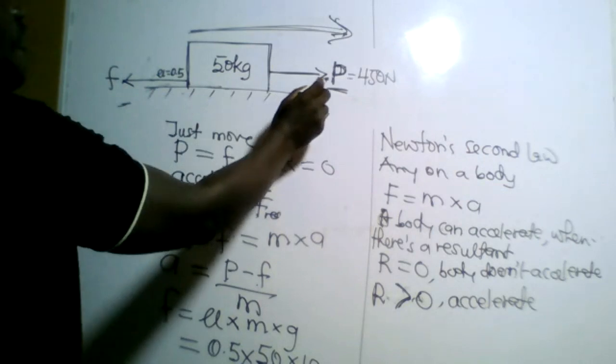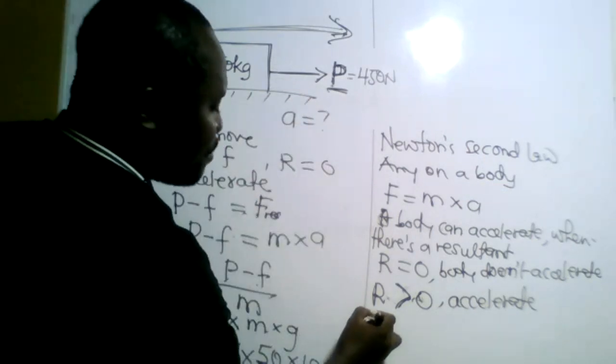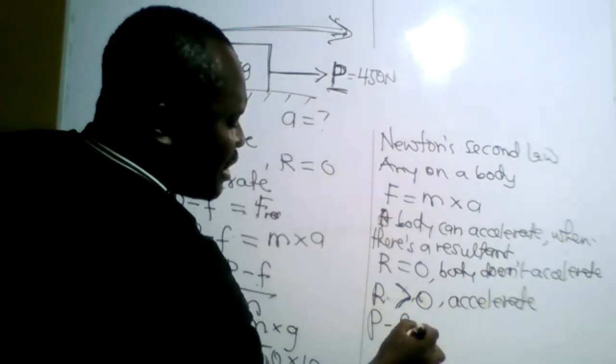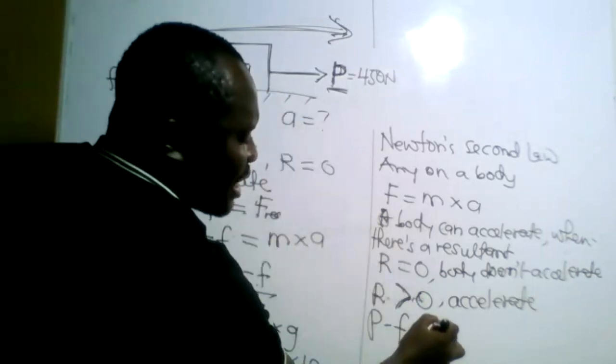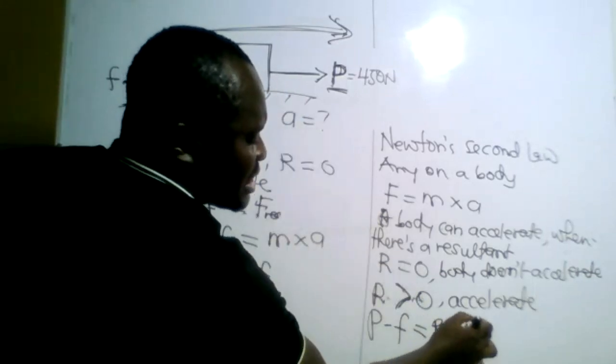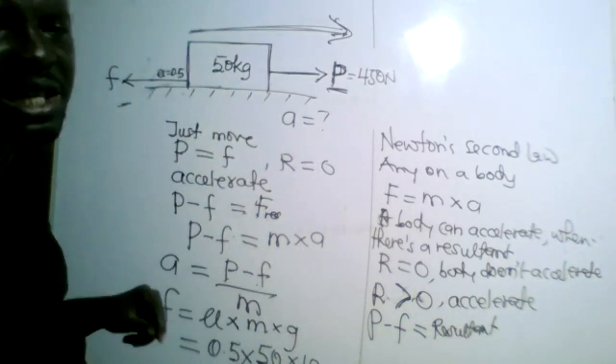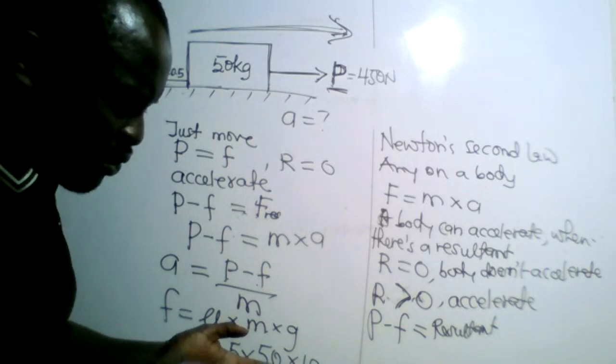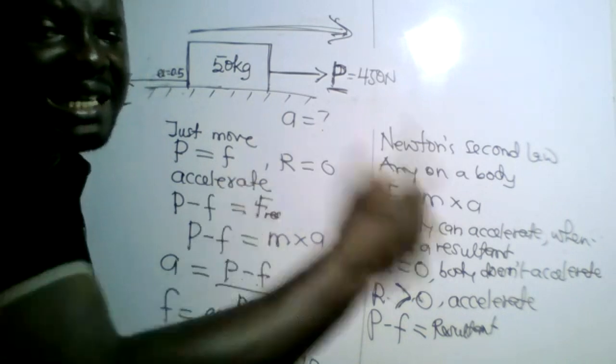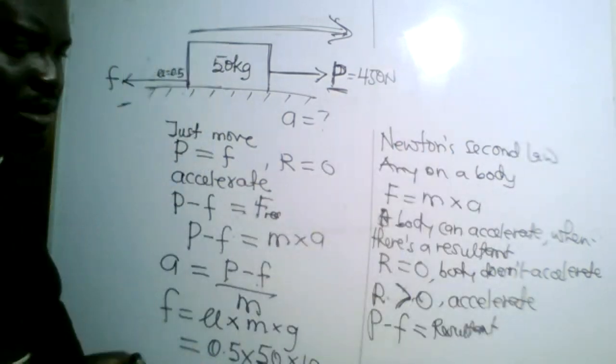So if you take the difference between them, P minus F, the difference gives you what we are calling the resultant force. When you subtract and the resultant force is not equal to 0, then the body can accelerate.